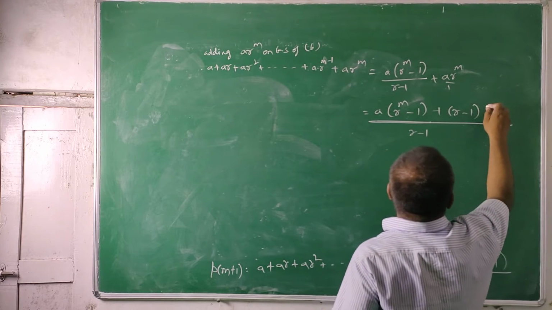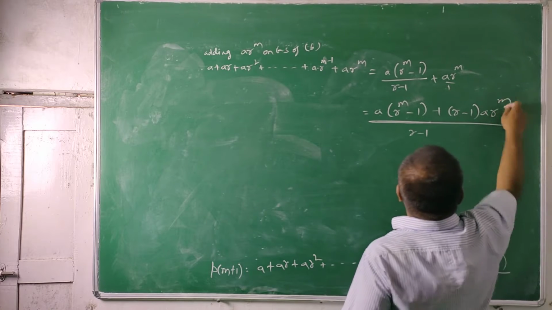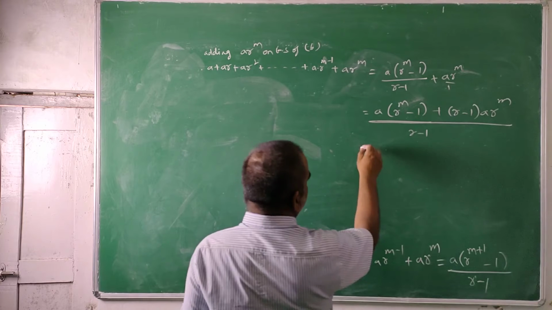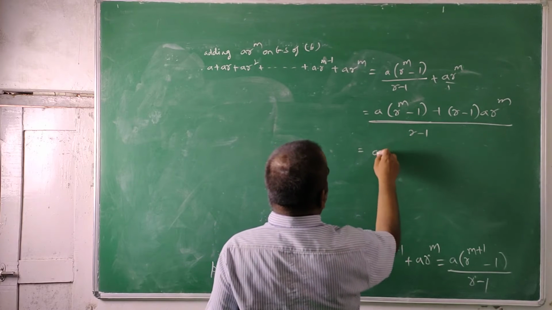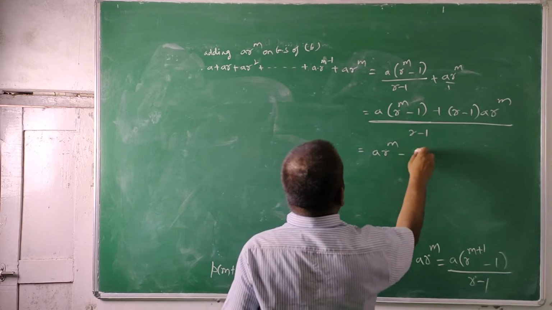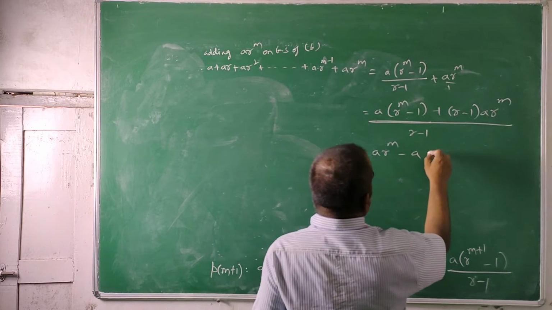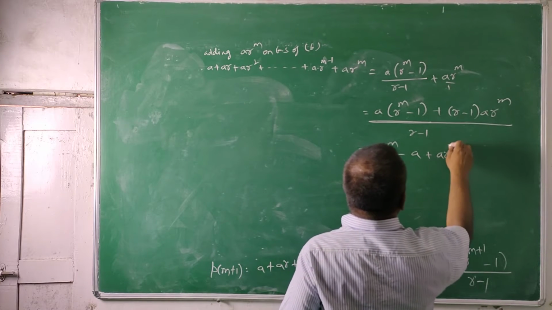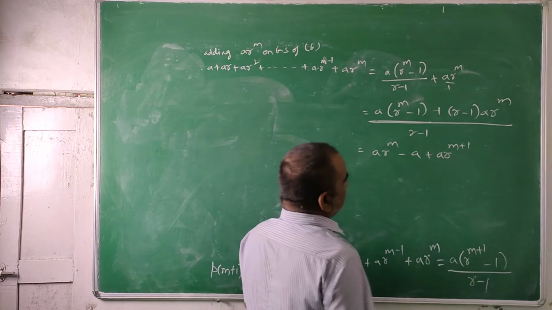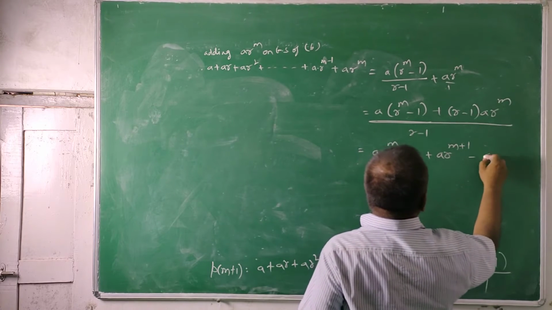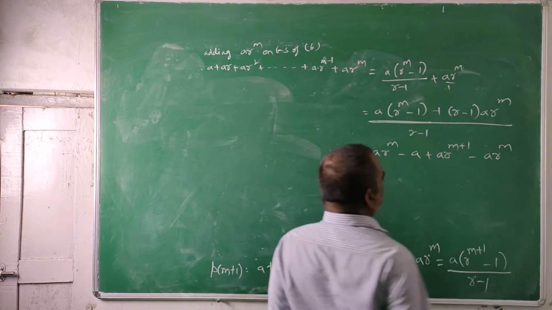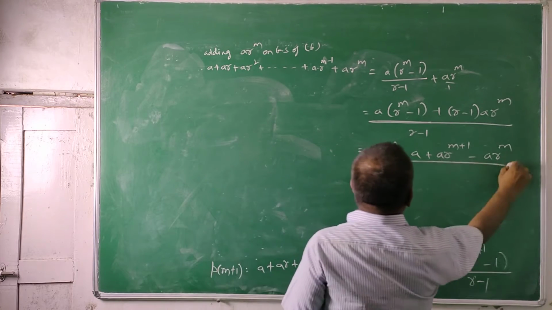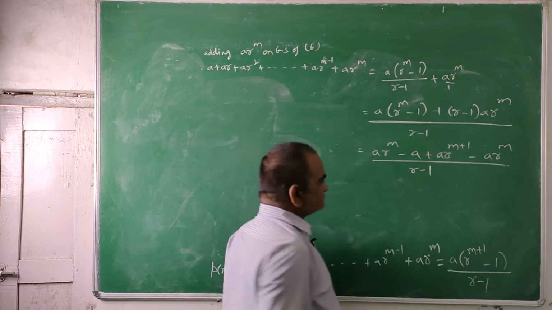Now you open up the brackets: a r^m minus a, plus a r^m into r, a r^(m+1), minus 1 into a r^m gives you a r^m, divided by r - 1.